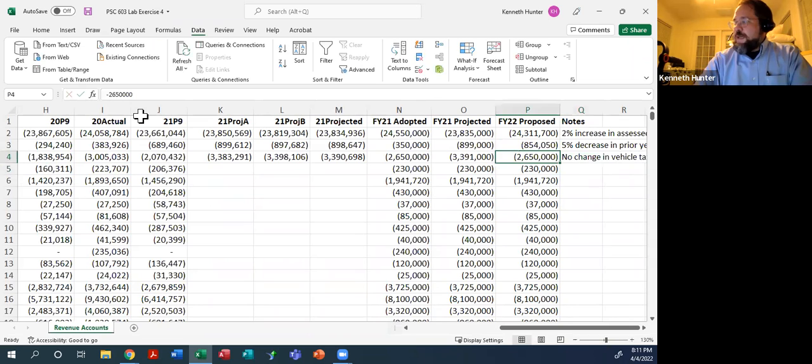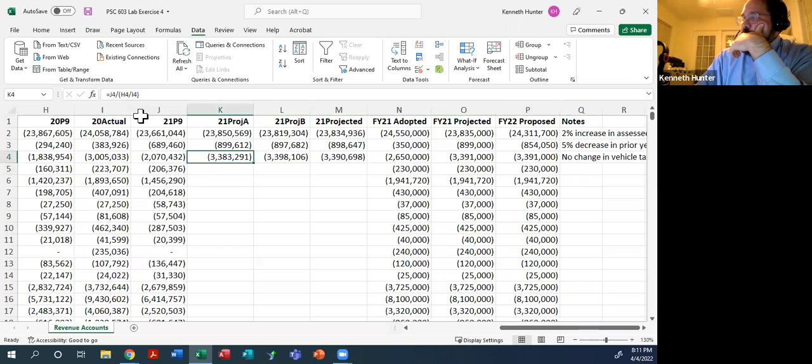So that just means I equal P equals O. I've got $3,391,000. This equation you can use for most of them. These three equations that I've set up here in K, L, and M, you can use for most of the revenues.